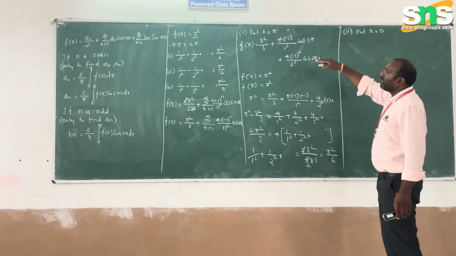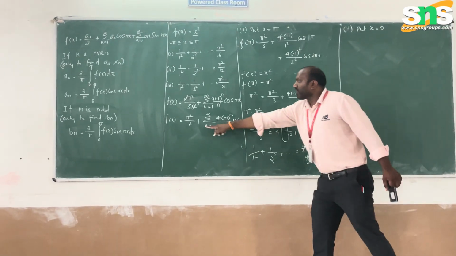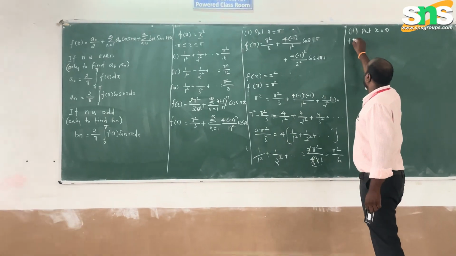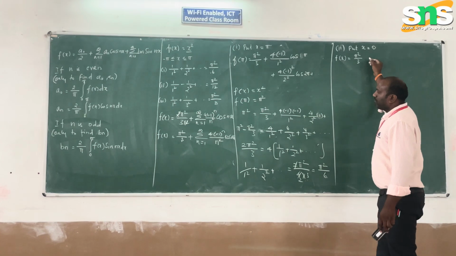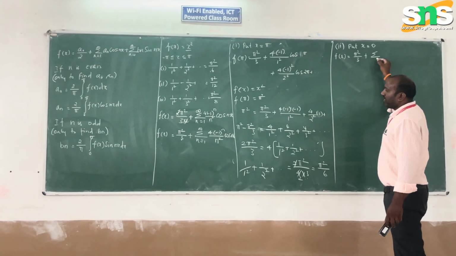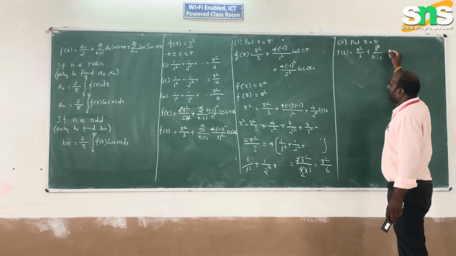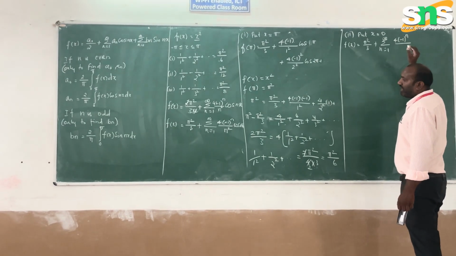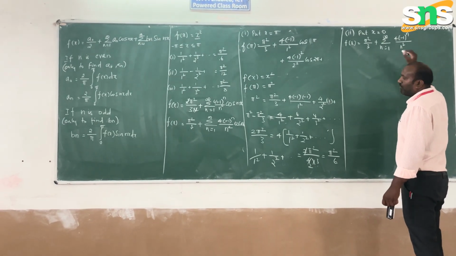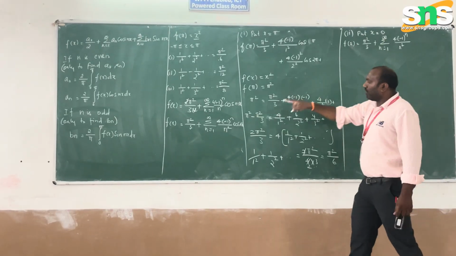See, f of x equal to pi square by 3 plus summation n equal to 1 to infinity, 4 into (-1) power n divided by n square into cos, put x equal to 0, cos 0.